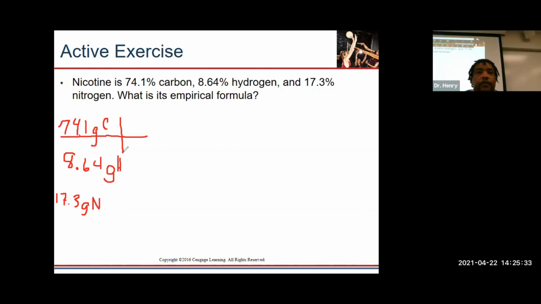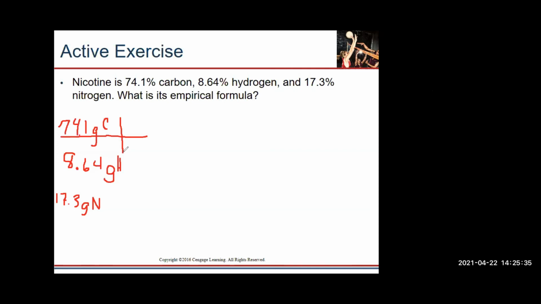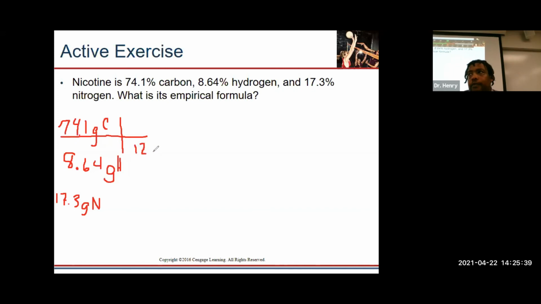What is the atomic mass of carbon? 12. So it's 12 grams carbon per 1 mole carbon. My grams of carbon cancel out.